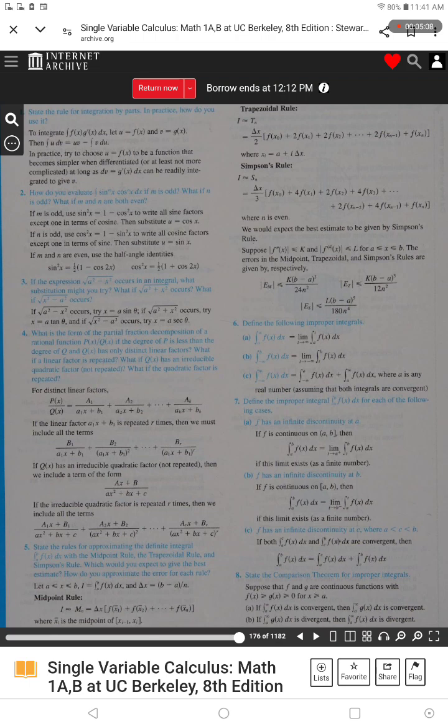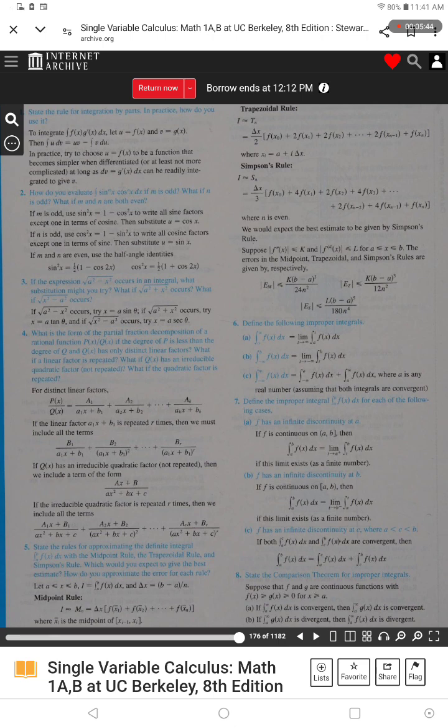And the absolute value of E sub T is less than or equal to K (b minus a) cubed over 12 n squared. And the absolute value of E sub S is less than or equal to L (b minus a) to the fifth power over 180 n to the fourth power.